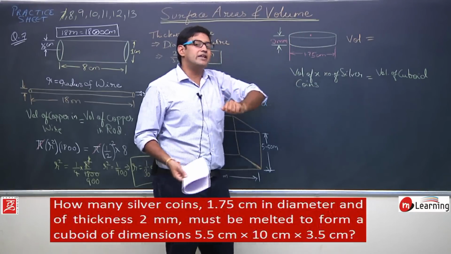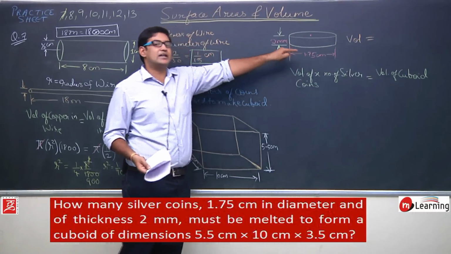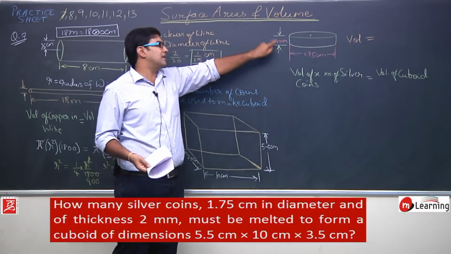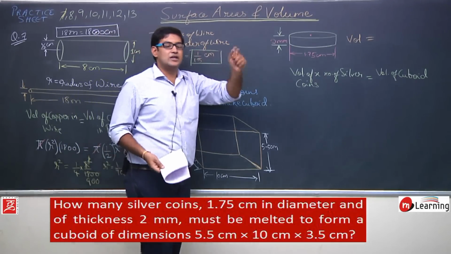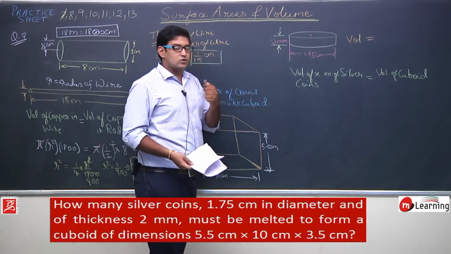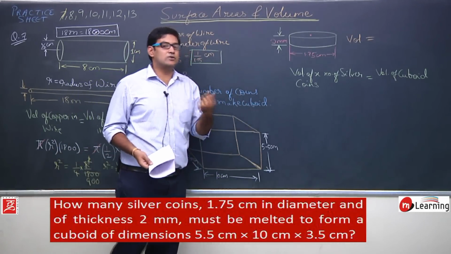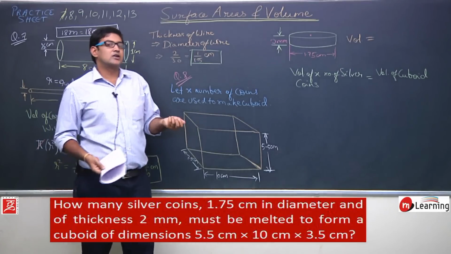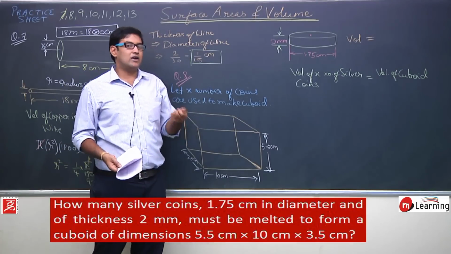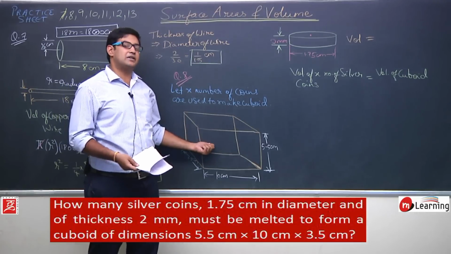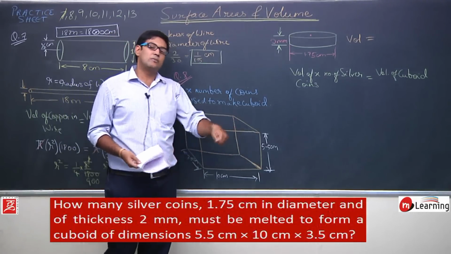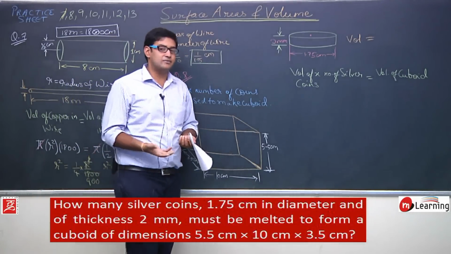It will be more convenient if I convert this centimeter into millimeter, because the millimeter is a small unit. Otherwise you may get confused in the decimals. So to avoid the confusion in decimals, we should convert all the units in the smallest form. Here I can see this is in centimeters, so I should convert this into millimeters, because it will ease my calculation.